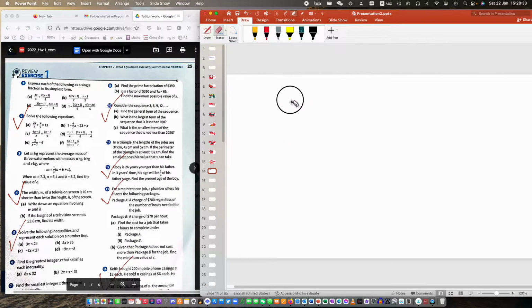Can you show me your 5C answer? What's 5C? The answer is? Wow, what is this? I messed up the line. Can I ask you, what sign is it?